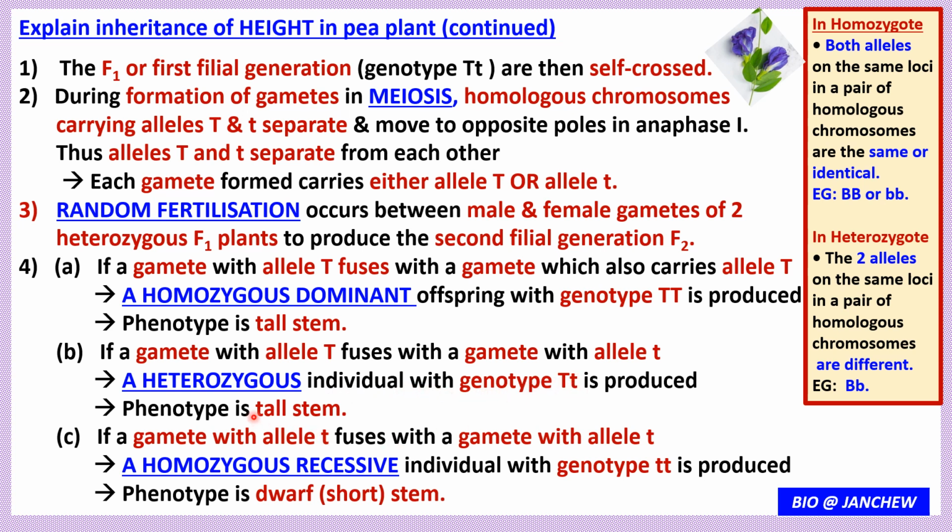And the phenotype of this type of plant is tall stem, because the allele for tall stem is dominant to the allele for dwarf stem. And lastly, if a gamete with allele small t fuses with another gamete with allele small t, a homozygous recessive individual is formed, and the phenotype is dwarf or short stem.